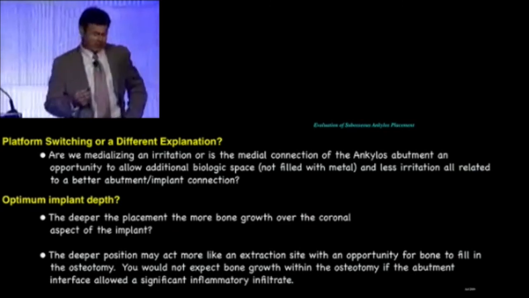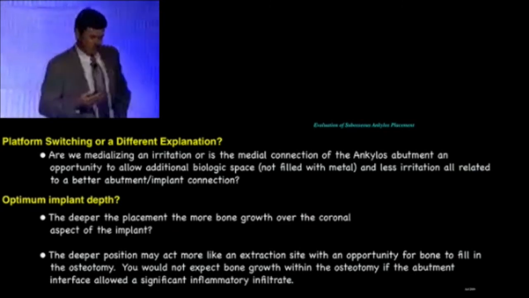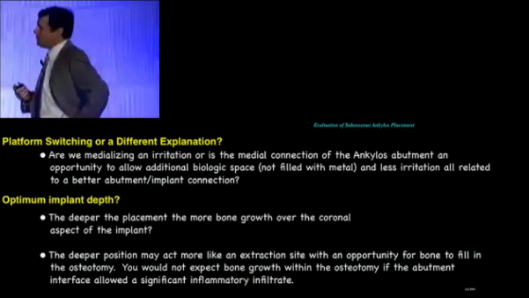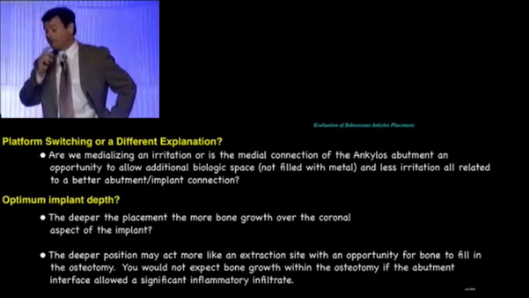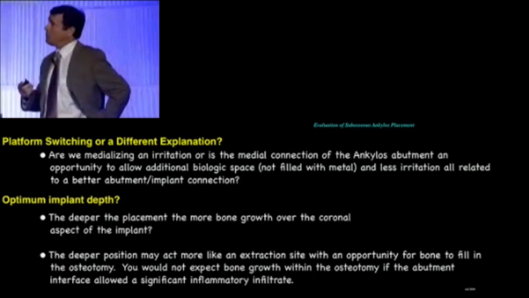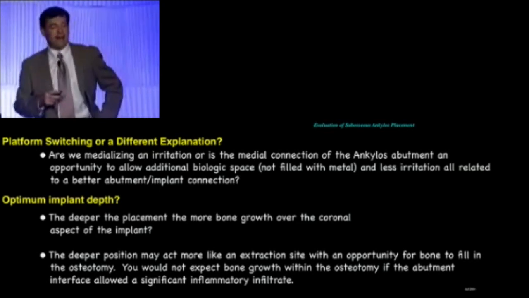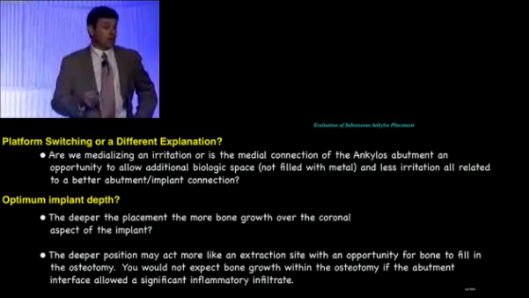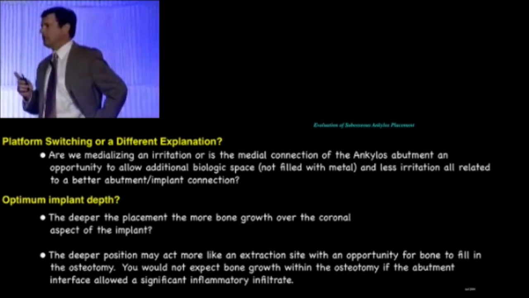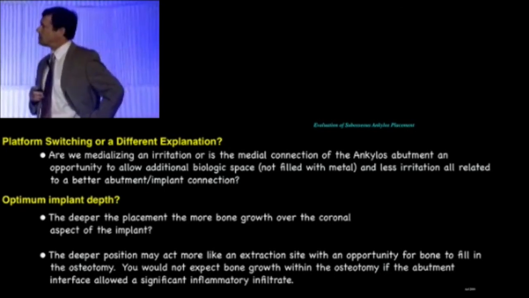This is essentially a one-piece implant, and we've medialized the connection, but if there is very little irritation, as a matter of fact, virtually no irritation, no inflammation, are we really talking about platform switching, or are we talking about just a better design, a better implant abutment design intentionally for a subosseous placement?